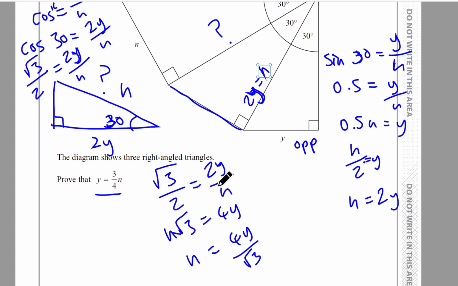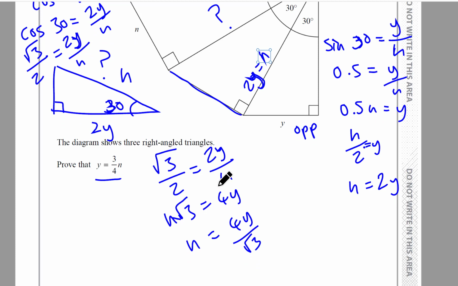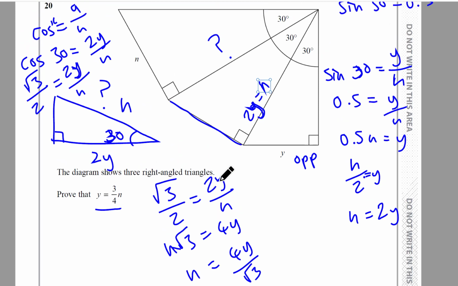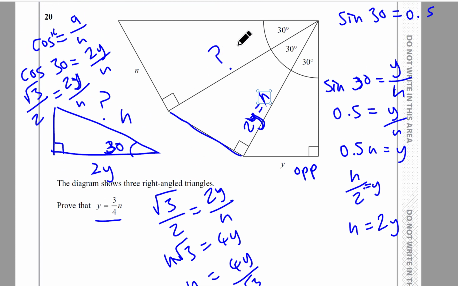When you rearrange, you should be understanding what I'm doing if you can get to this stage. So this question mark is 4y over root 3, and then I hope this is all going to work out.